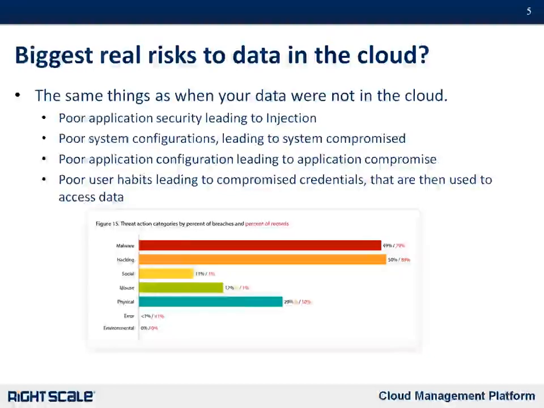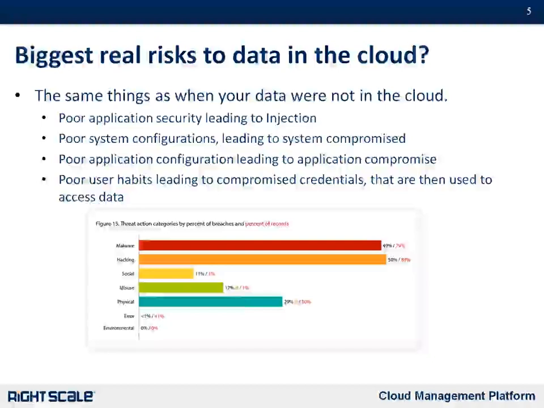So when we think about the real risk, right, we hear stuff like hyperjacking. There are all sorts of interesting things out and about there. But when you look at what's really happening, why people are losing data, how people are getting broken into, it really comes down to poor application development, poor system configurations, poor application configs, and bad user habits.